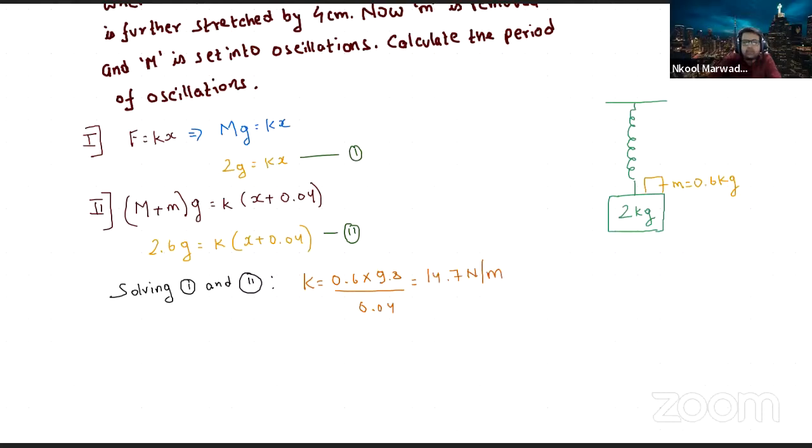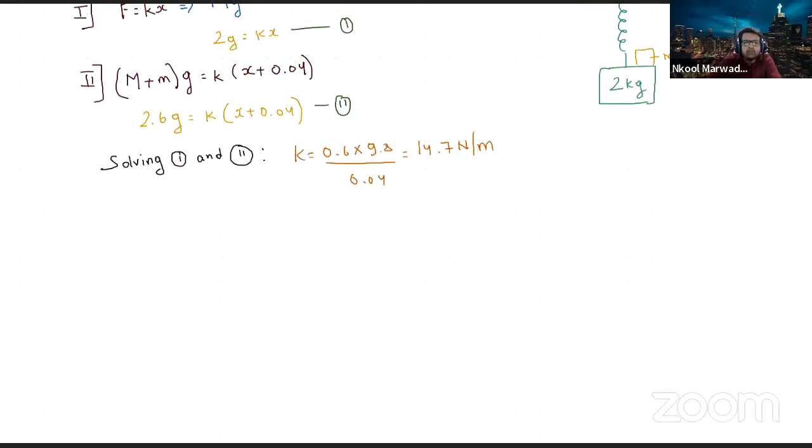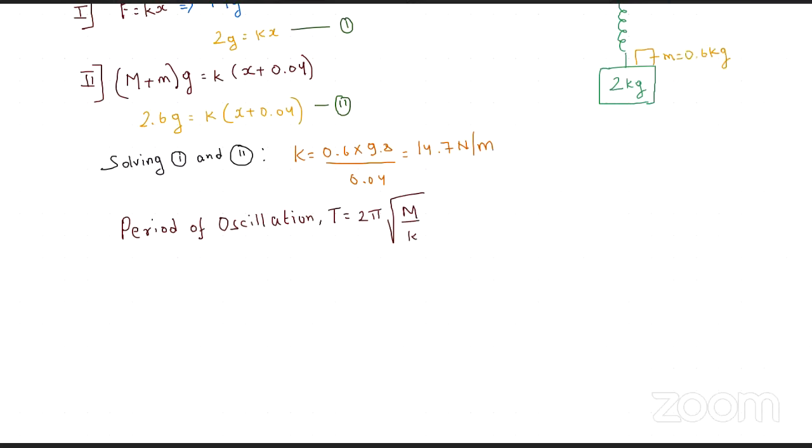Now, once we have the k, we know that for the vertical spring mass system, we know the formula for the time period, or period of oscillation, which we have to calculate. That I can call capital T, 2 pi under root of m by k. And we have to find the period of oscillation after the block is removed, small m is removed.